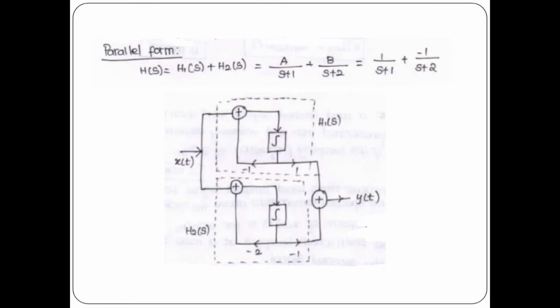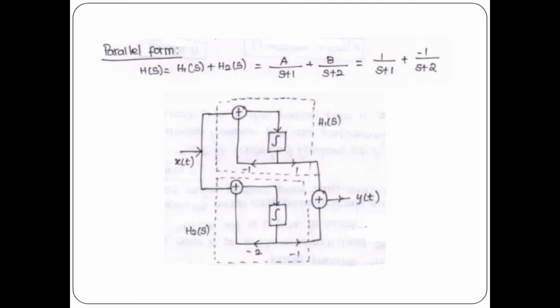So what about parallel form? As we know, H(s) is equal to H1(s) plus H2(s). So we have to draw H1(s) and H2(s) separately in direct form 2 realization. We have to connect both the inputs together, but the outputs will be connected by the use of an adder.